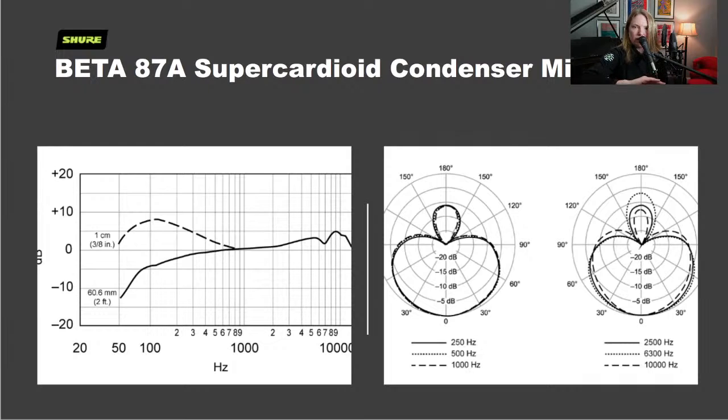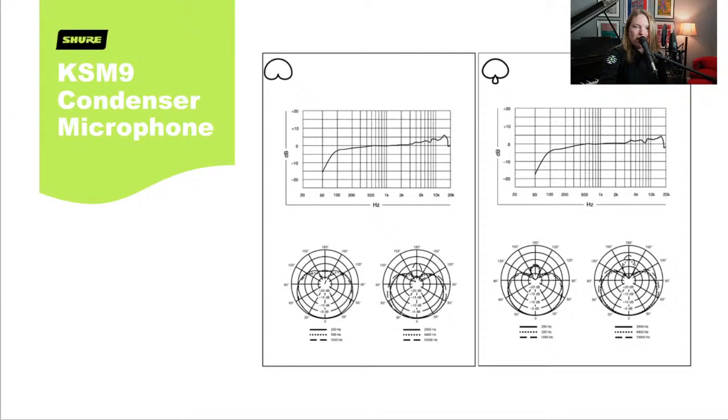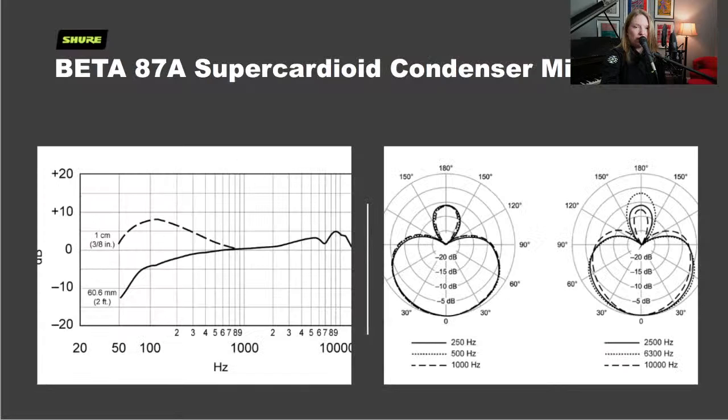So see how it has that lower roll off and not quite as much of a boost up in the 10K region. Let me switch it over here to my KSM9 for comparison's sake, and now you can see the difference there. So the Beta 87 has a little bit more of a boost and a little bit more of a crispy top end, which a lot of people like.